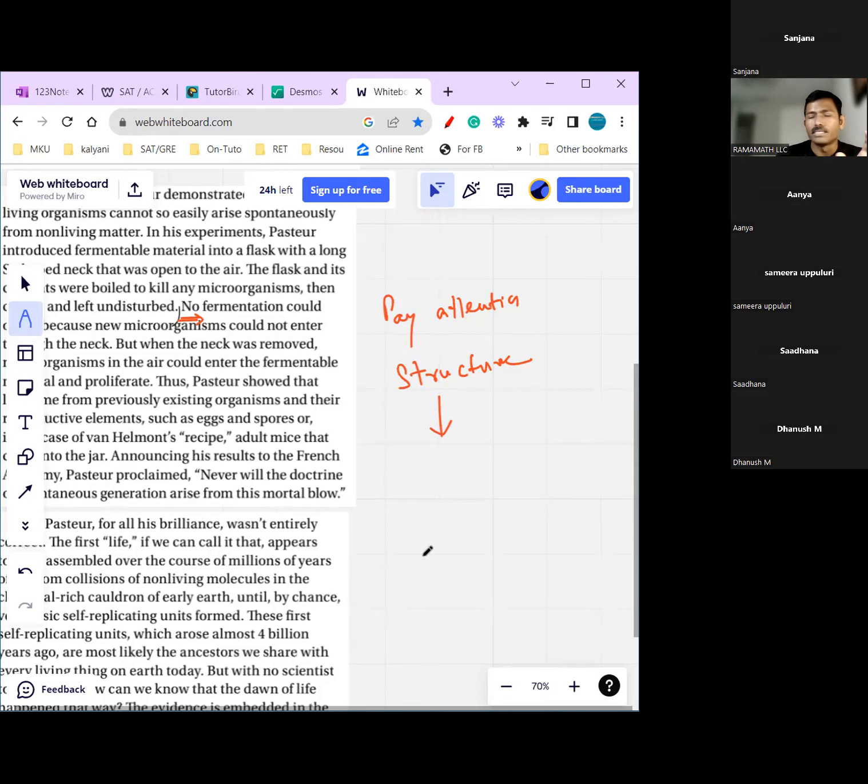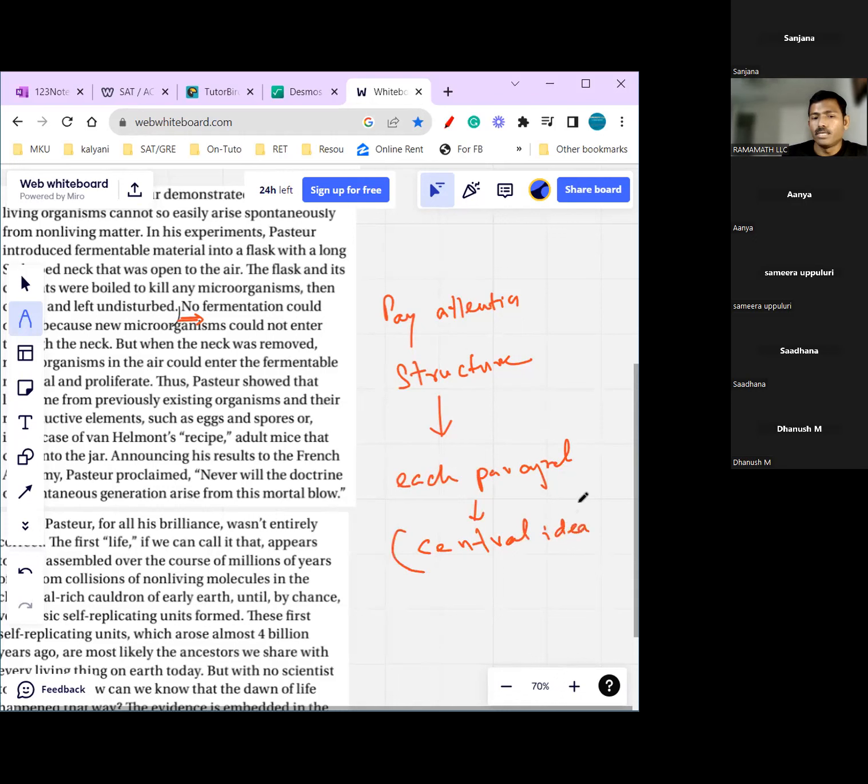At the beginning, you already say, oh yes, this is all talking about life, how the origin of life came about and all those things. Once you have that in mind, you look at all the other paragraphs and how each one serves the central idea.